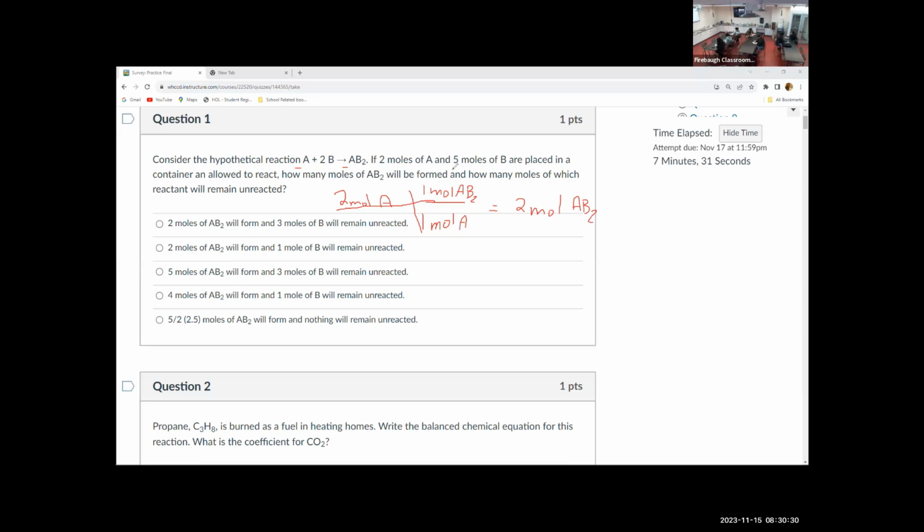Now, if I start off with B, so I have 5 moles of B. What is the mole ratio of B to AB2? The ratio meaning, what is the ratio based upon the chemical equation?